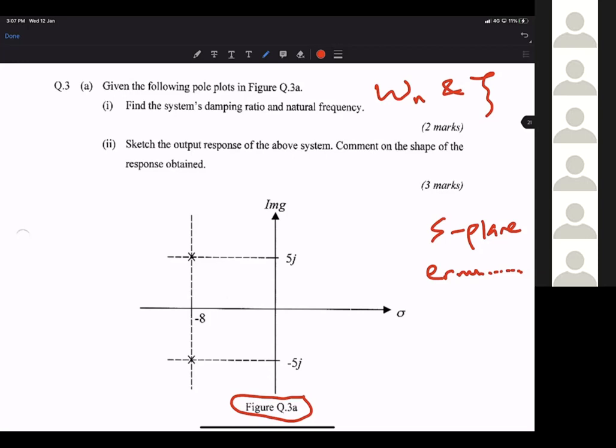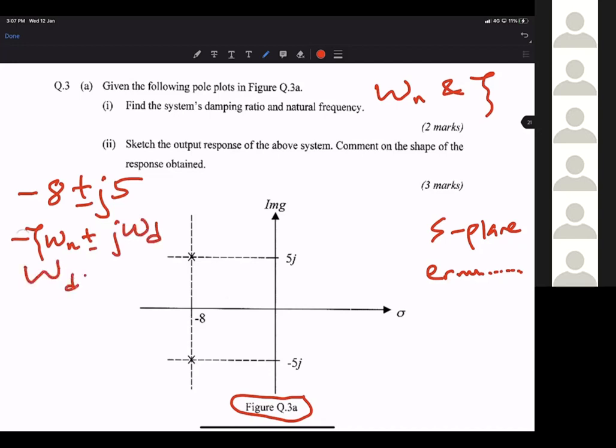Aisyah Syahira, what is its complex conjugate pole? Negative 8 plus minus 5j. Yeah. Okay.